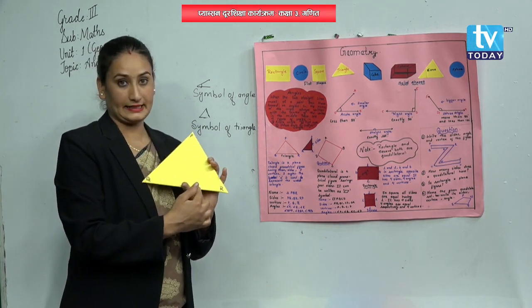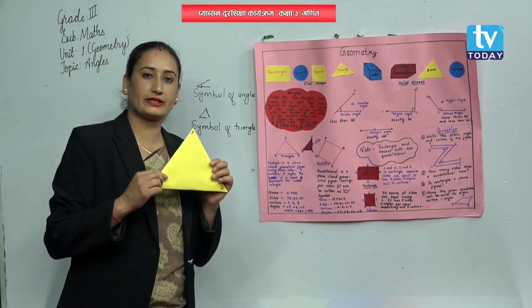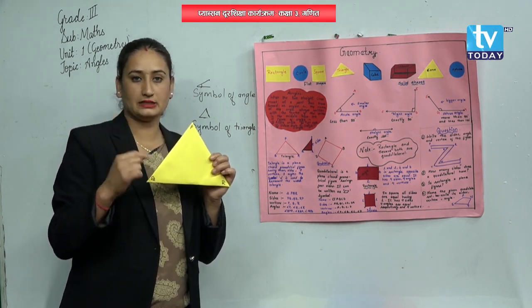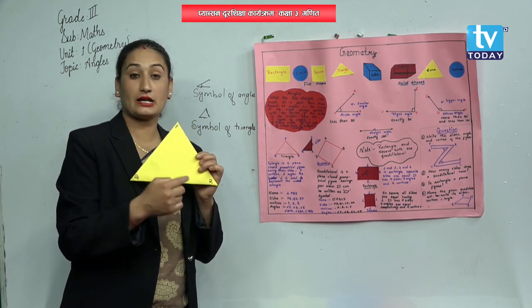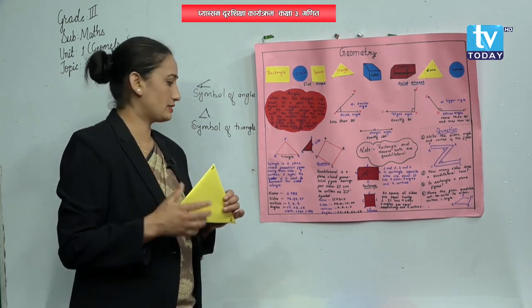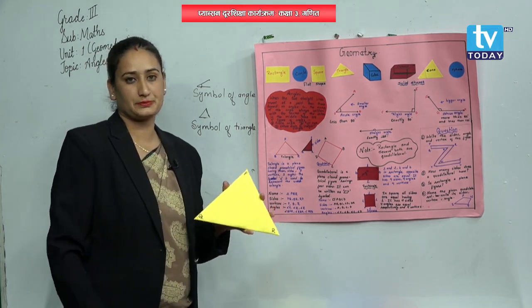First, second and third side. Can you write the name of the figure? PQ one side, QR second side, and then PR is the third side. Done? Good job.